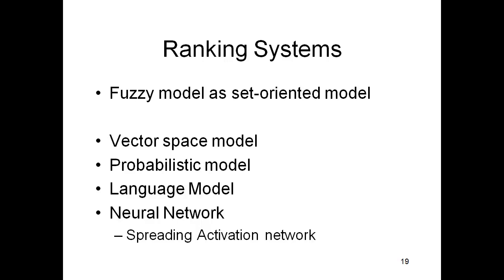Now we have to have a ranked output. The system thinks that the top document might be really the most relevant one. The system assumes, calculated, that it's more relevant than the second one, and so forth. And this can be done by a family of systems. We'll talk about vector space today. Mention probabilistic. We'll have on the 8th language models and neural networks, query activation.